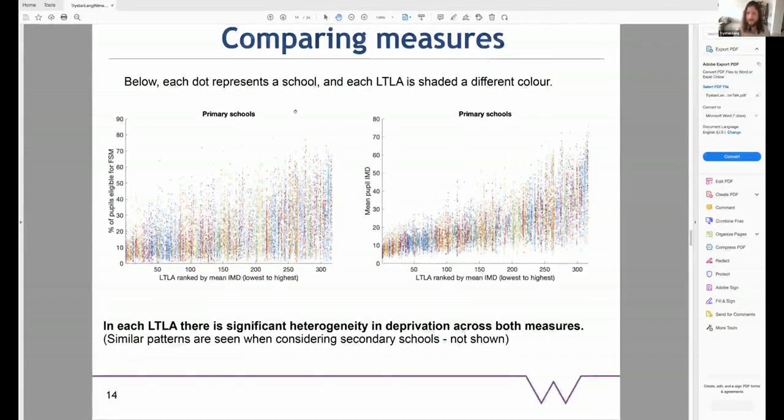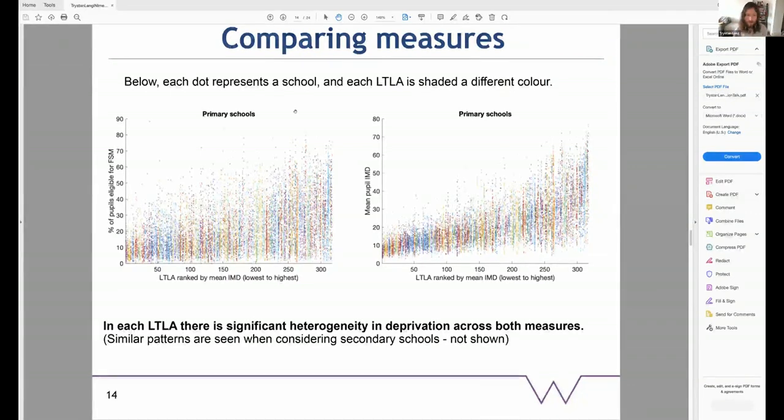So if we just consider the left plot for the moment, we have the percentage of pupils eligible for free school meals. If we look at the rightmost of this figure, we can see that within the most deprived LTLA in England, we still have a lot of variability in the percentage of pupils eligible for free school meals. We still have some schools that have hardly any pupils who are eligible.